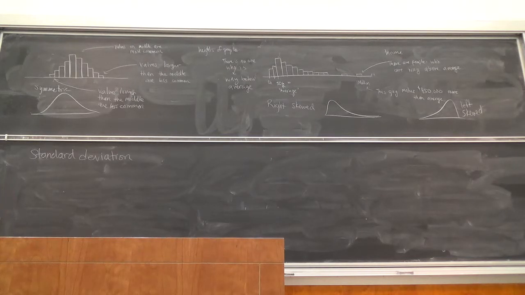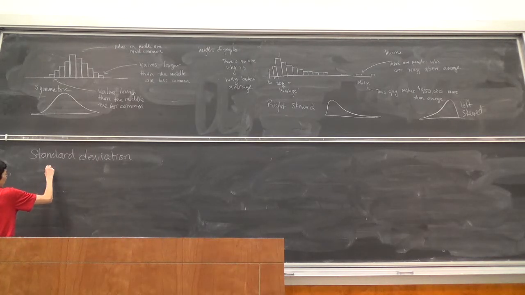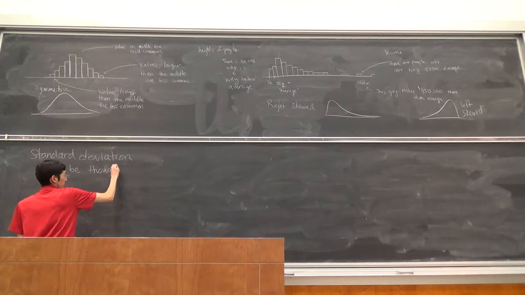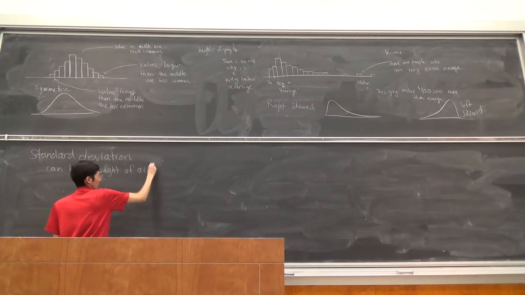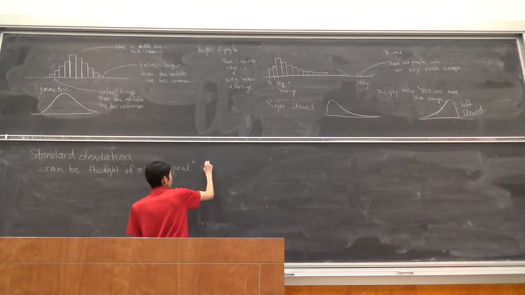So we're dealing with the square root of the average squared distance. But you can think of this as the typical difference from average.